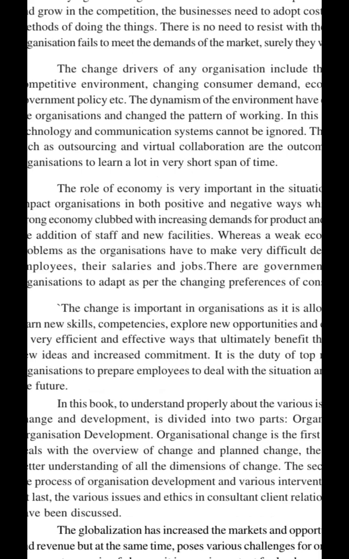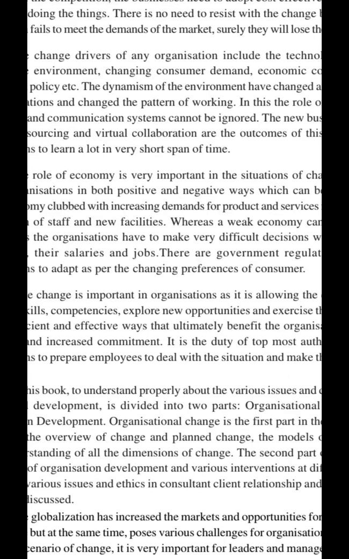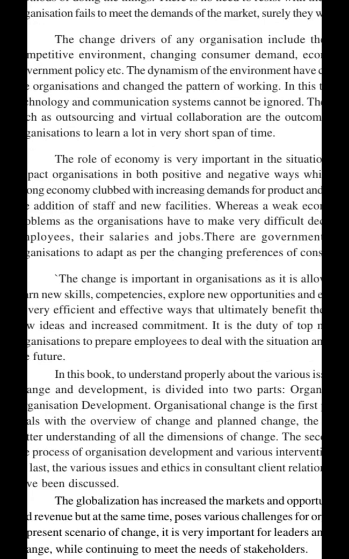The role of information technology and communication systems cannot be ignored. New business models such as outsourcing and virtual collaborations are the outcomes of these, helping organizations to learn a lot in a very short span of time.